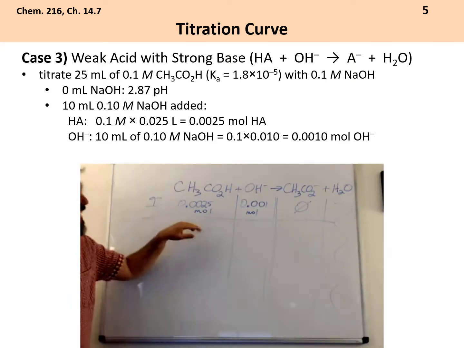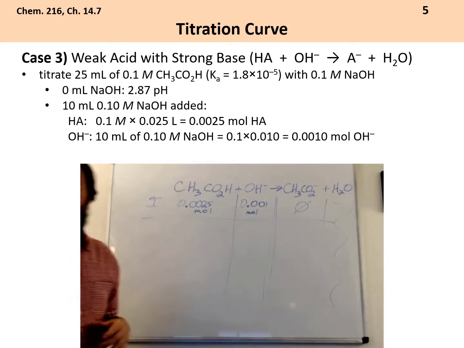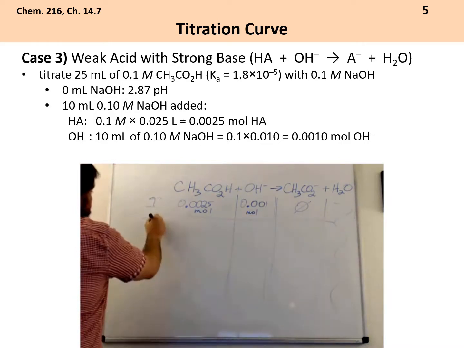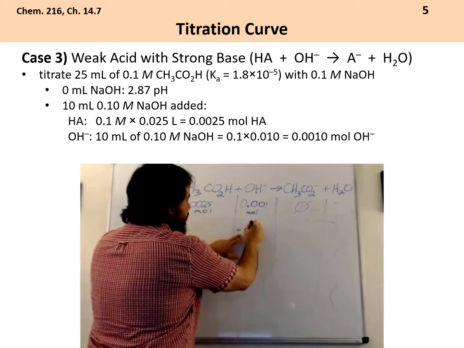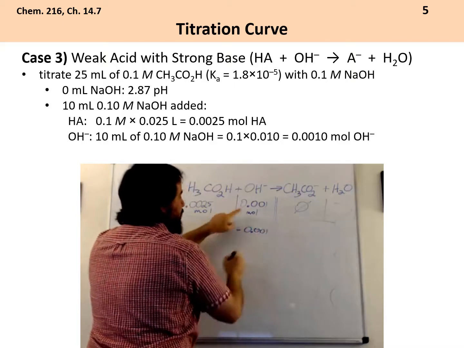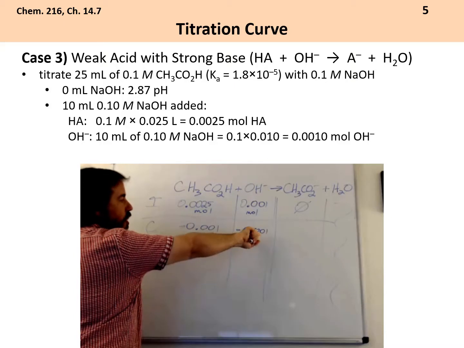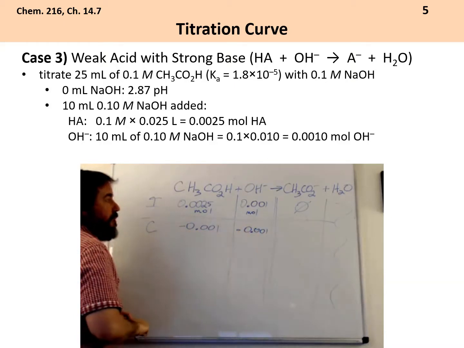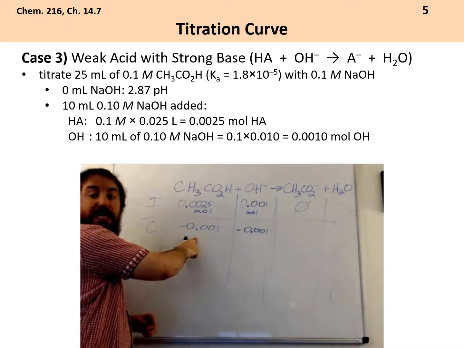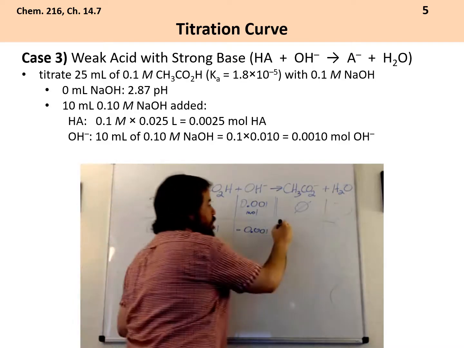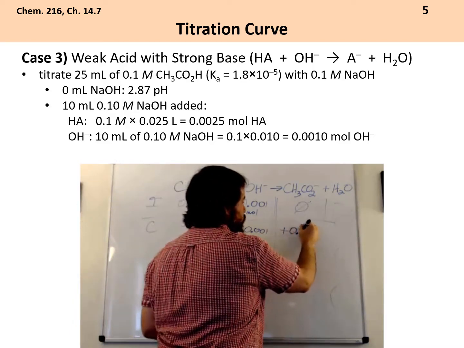So what's going to happen? Well, just like we did with the buffer, all of this is going to react because there's less of it. It's the limiting reactant. So if 0.001 of this reacts, 0.001 of this also reacts, and then they form that much of this one.